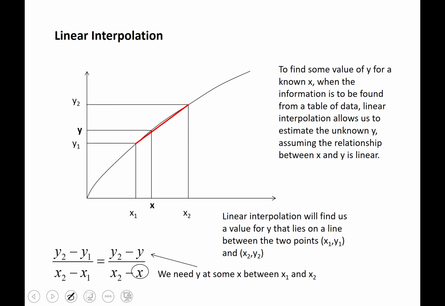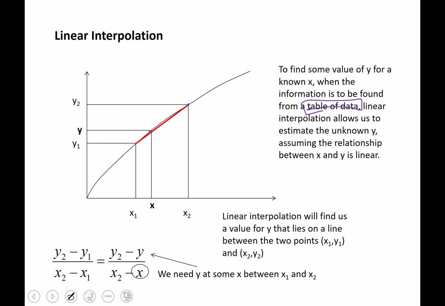Linear interpolation applies when you have a table of data and you need a data point that's not on the table. So, let's say we have x1, y1 on the table, and we have x2, y2 on the table, but we don't have y and x.